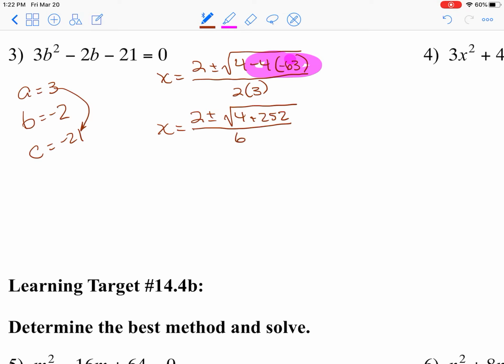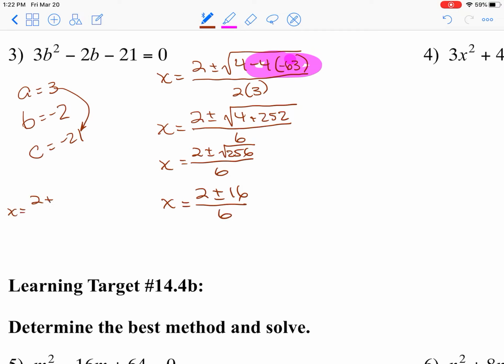Okay, and then the 2 times 3 on the bottom obviously is 6. So then 4 plus 252 is 256. And the square root of 256 is 16. That worked out nice and neat. So 2 plus or minus 16 over 6.